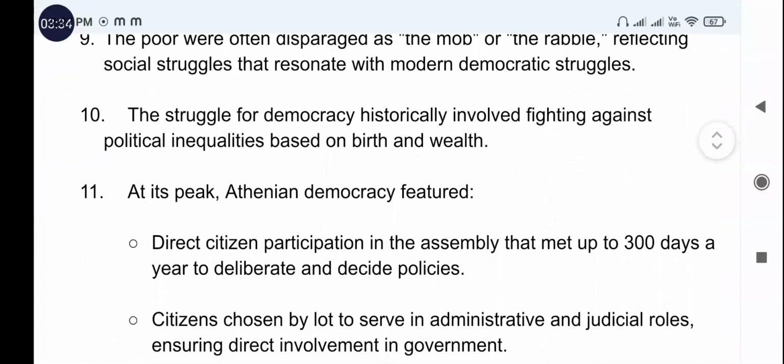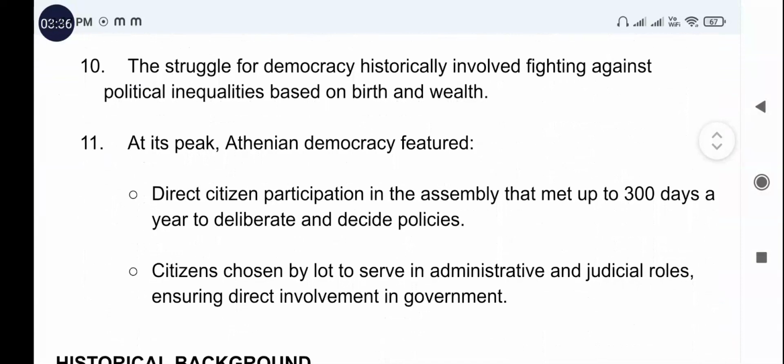The struggle for democracy historically involved fighting against political inequalities based on birth and wealth. At its peak, Athenian democracy featured direct citizen participation in the assembly, which met up to 300 times a year to deliberate and decide policies.